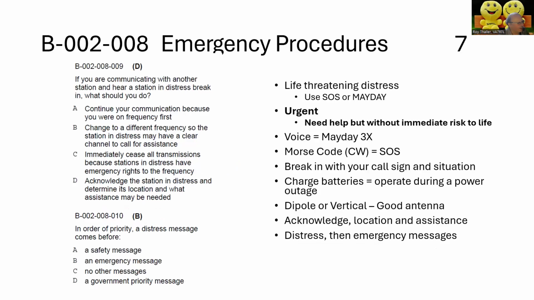If you're communicating with another station and you hear a station in distress break in, what should you do? So the answer here is acknowledge the station in distress and determine its location and what assistance may be needed. In order of priority, A, a distress message comes before B, an emergency message.